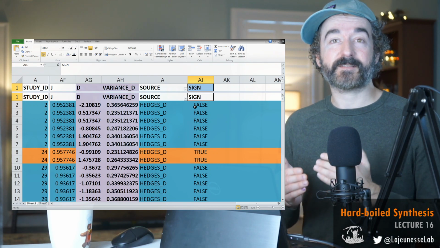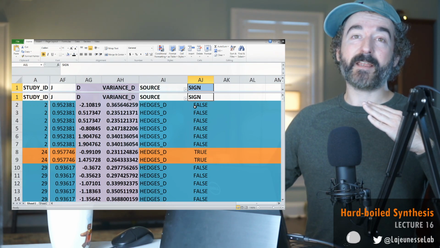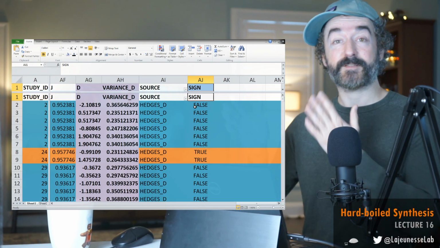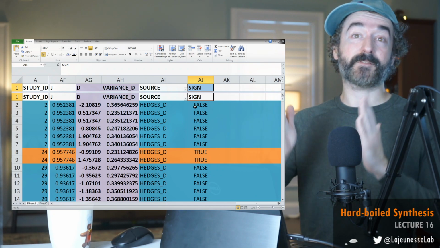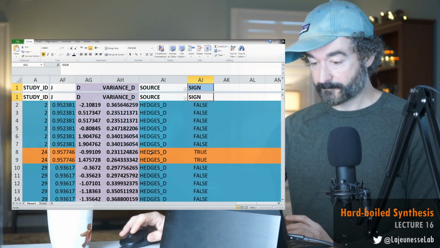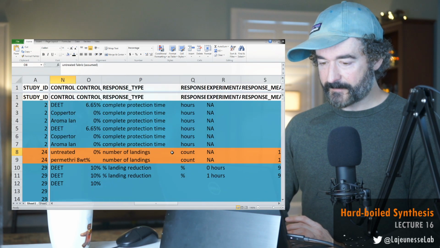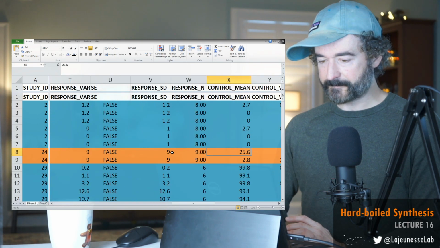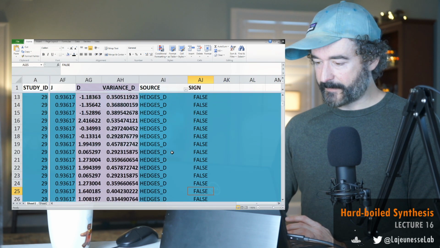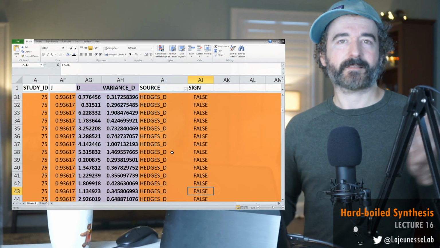The effect is still good. It's just that the way it was reported is in the opposite direction than what you need. And so I always reserve a column where I change the sign of the effect. Here I had to change the sign of the effect for a few studies. That's not many studies needing the sign changed.